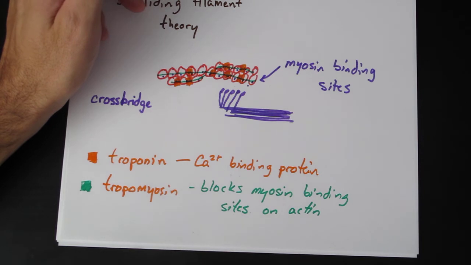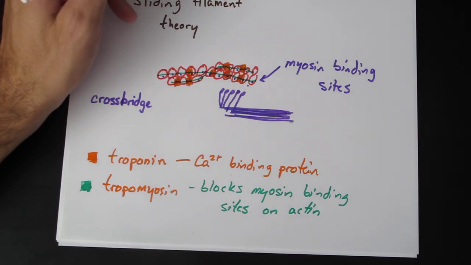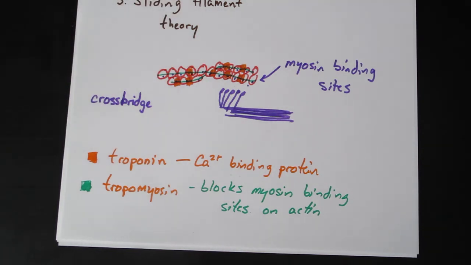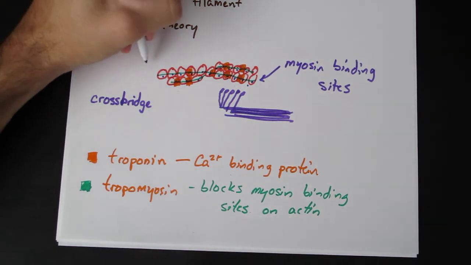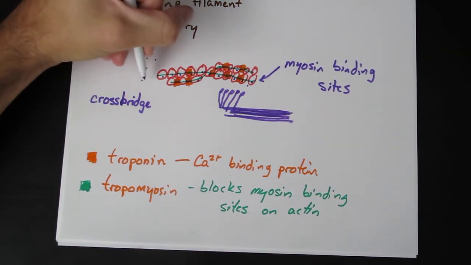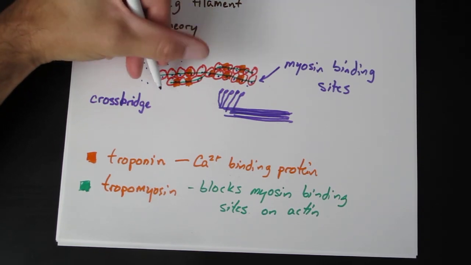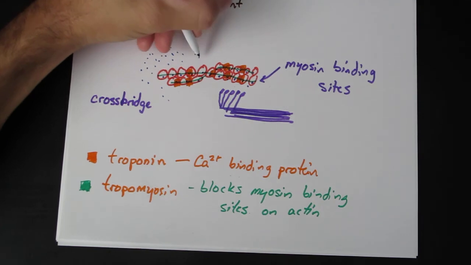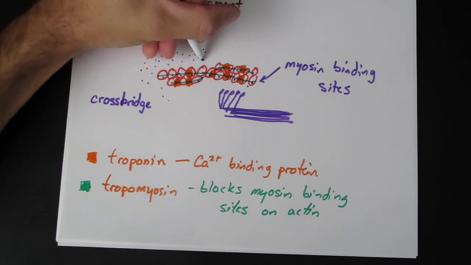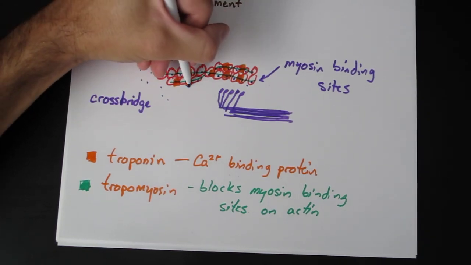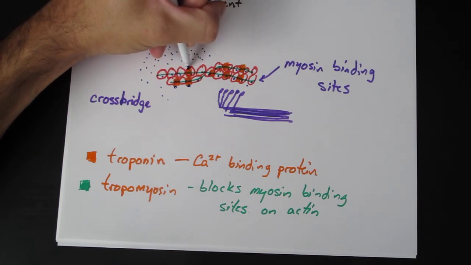All right. So remember that what we've done now is we've stimulated this muscle cell to contract. We had the events at the neuromuscular junction, we had that excitation contraction coupling, and the result of that was that we released calcium into the sarcoplasm. So now calcium is starting to float around in this space. And what calcium is going to do is start to bind to troponin.